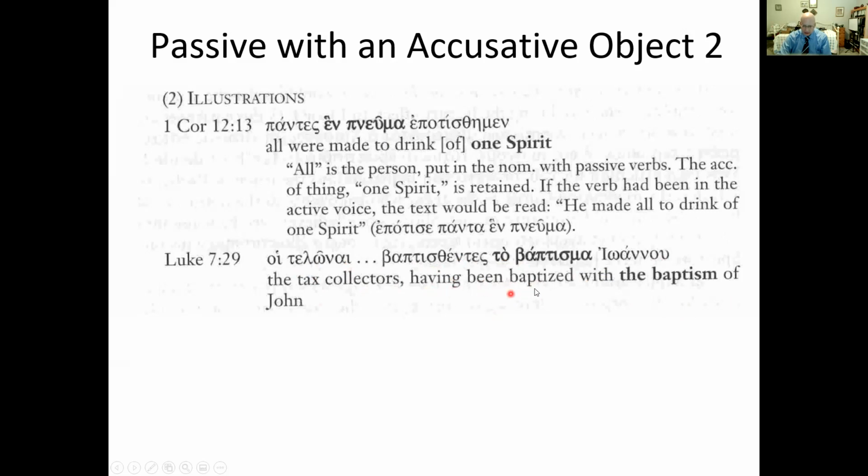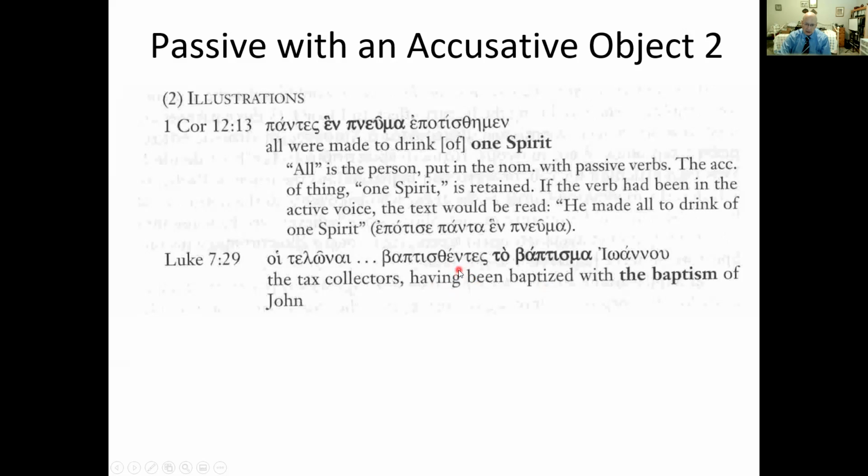It was "having been baptized," but this is an adverbial temporal participle, so it is not good to leave it as "having been baptized."